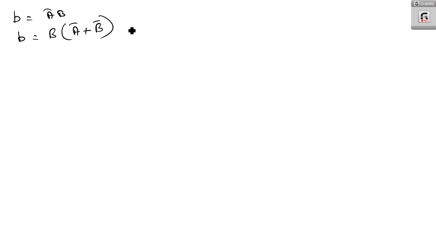So if you are simplifying this, what do I get? You will get A bar B or B bar B. B bar B is 0.